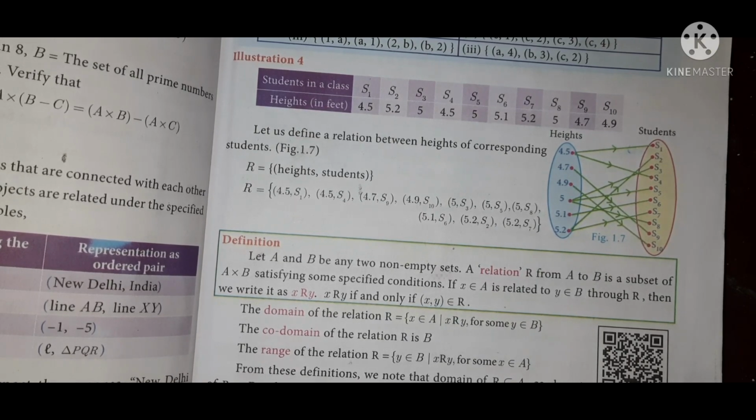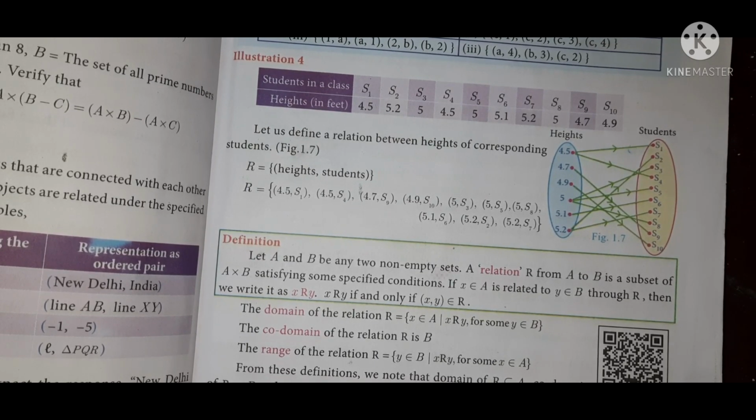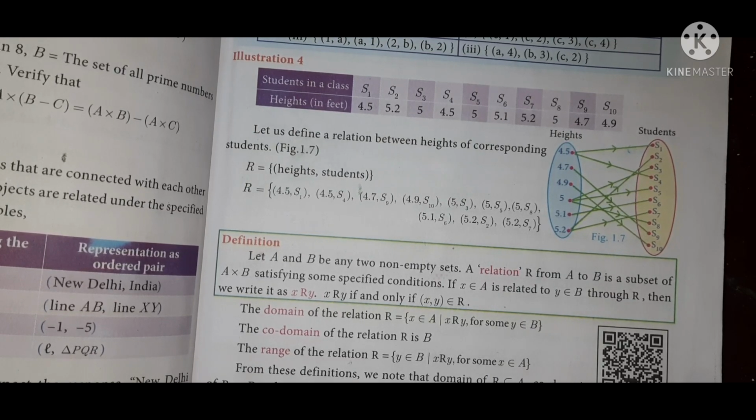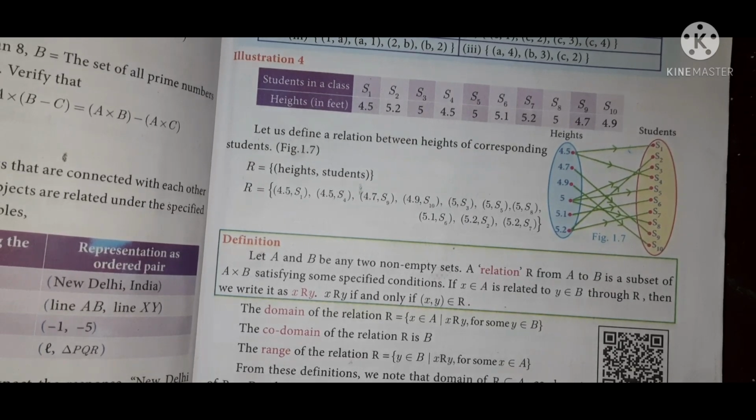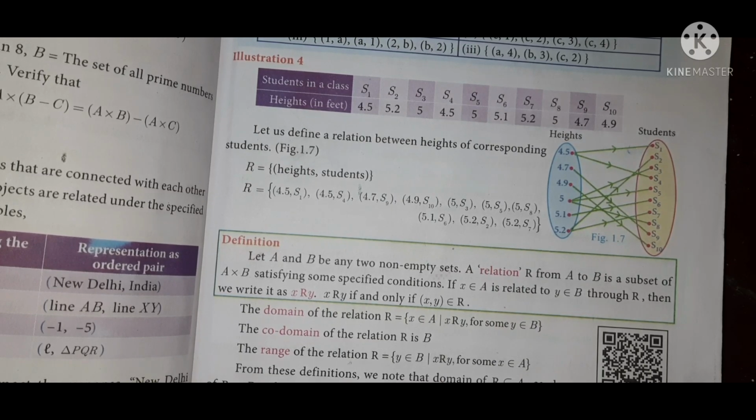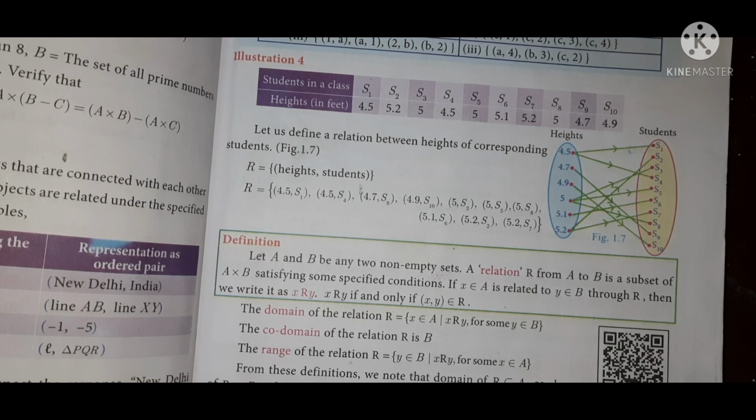The range of the relation R is the set of y belonging to B such that x is related to y for some x belonging to A. That is, the elements in set B which are related with the first set A are called the range.